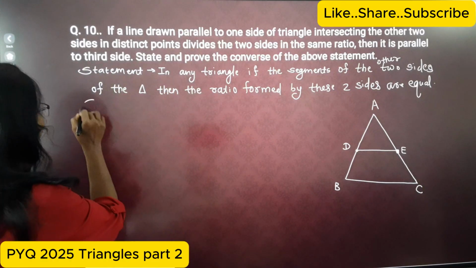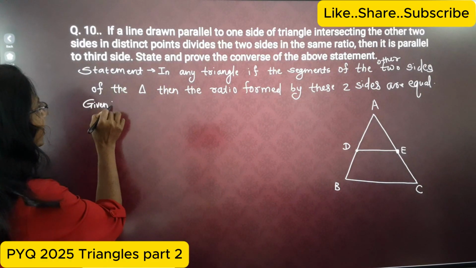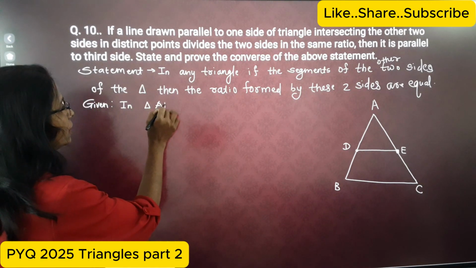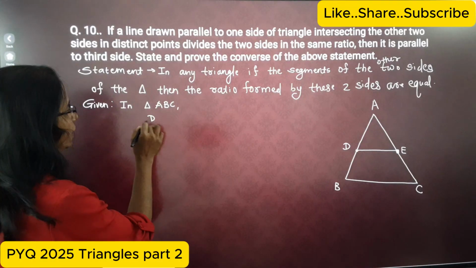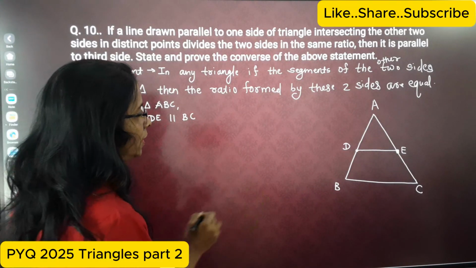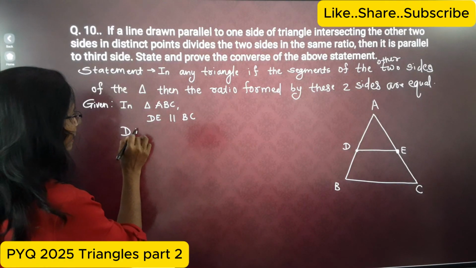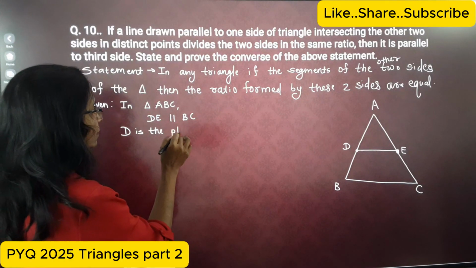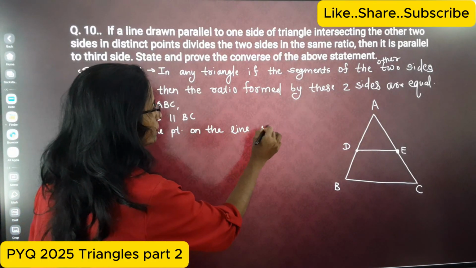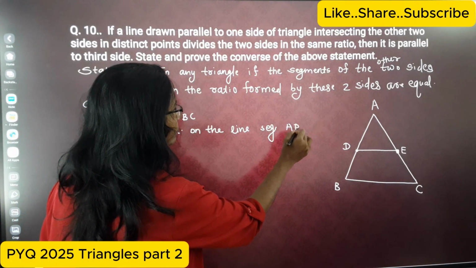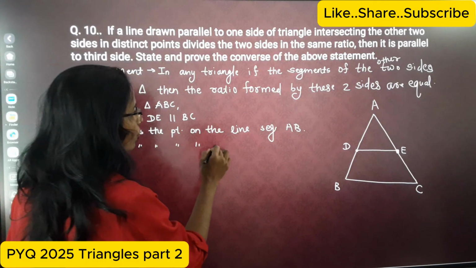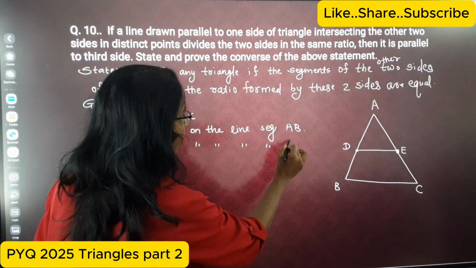Okay, so we write here, given that in triangle ABC, DE is parallel to BC, where D is a point on the line segment AB, and E is a point on the line segment AC.